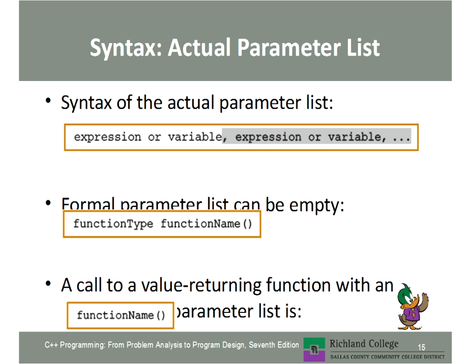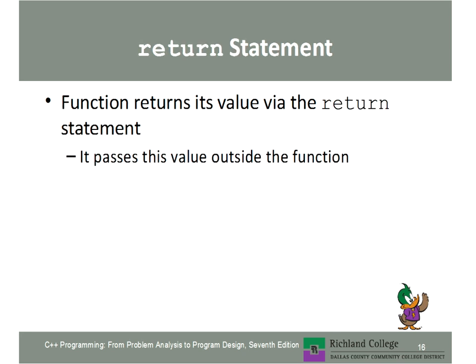Normally we have nothing in between the parentheses. When you call a function without any parameters, you still have to show the parentheses. So you cannot ignore the parentheses even though they are empty.